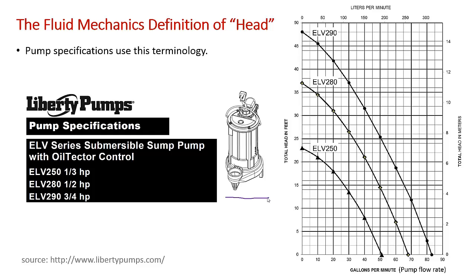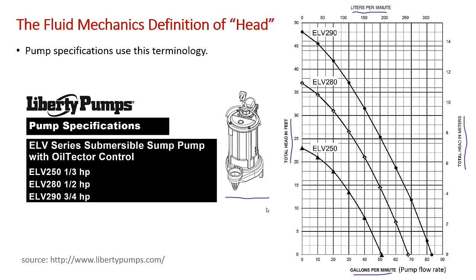But if you want to buy one of those, you end up with a specification chart shown over here on the right. So this is total head in feet, or total head in meters over here. And this is the pump discharge rate, so the amount of volume per minute in gallons per minute that the pump can pump, or at the top here I noticed they have it in liters per minute.